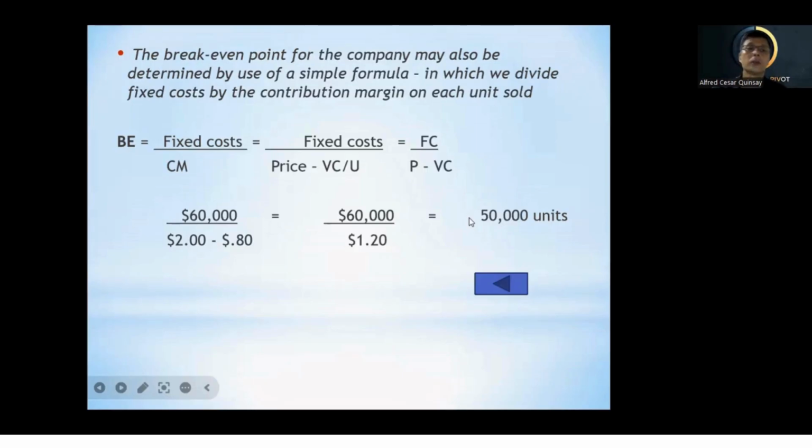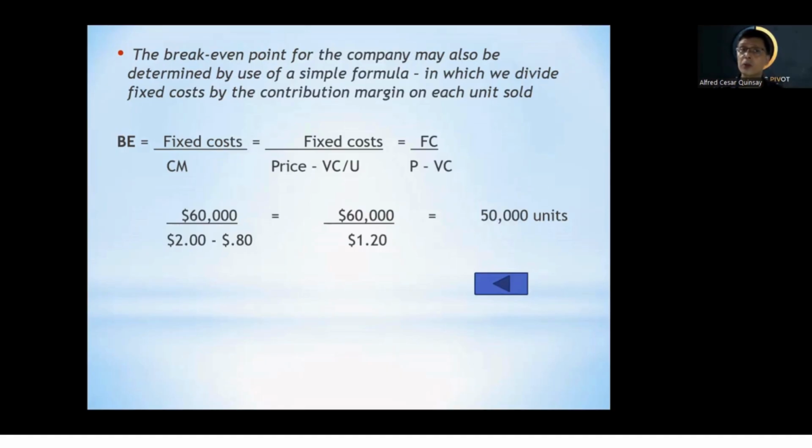this thing here. This is the formula for break even: fixed cost over contribution margin. So the fixed cost being 60,000, as we saw a while ago, is divided by 1.20, which is the selling price less the variable cost.